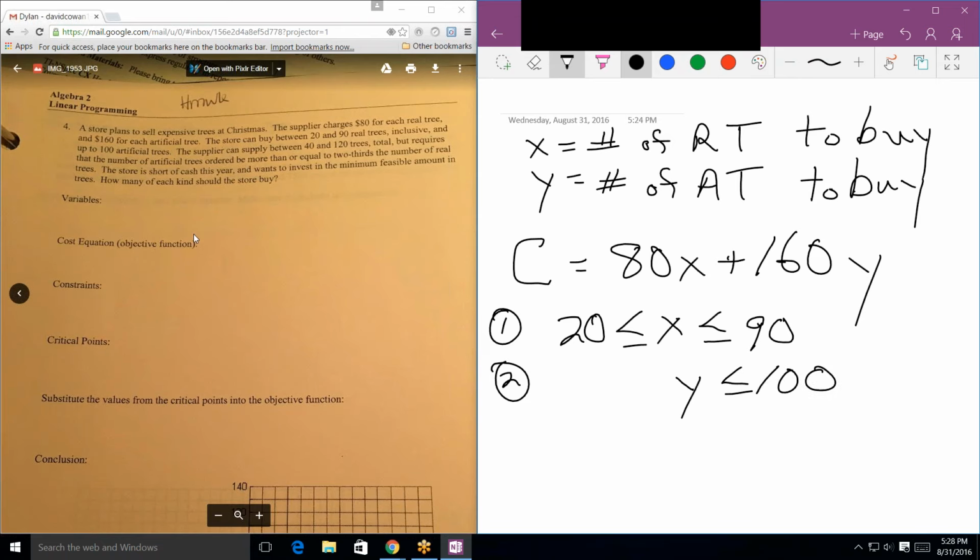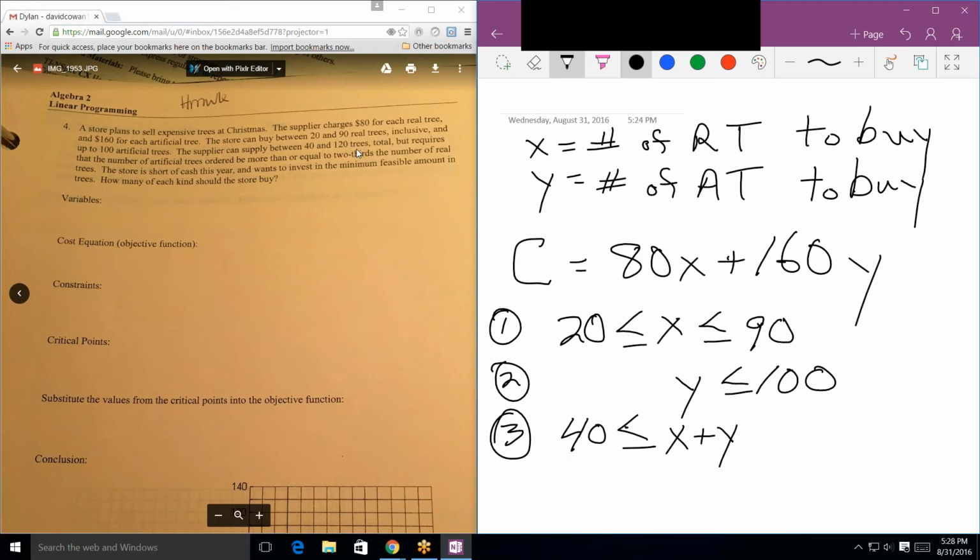Okay. Let's keep reading. The supplier can supply between 40 and 120 trees in total. So it'd be X is greater than or equal to 40 and then less than or equal to 120. That's X plus Y, right?